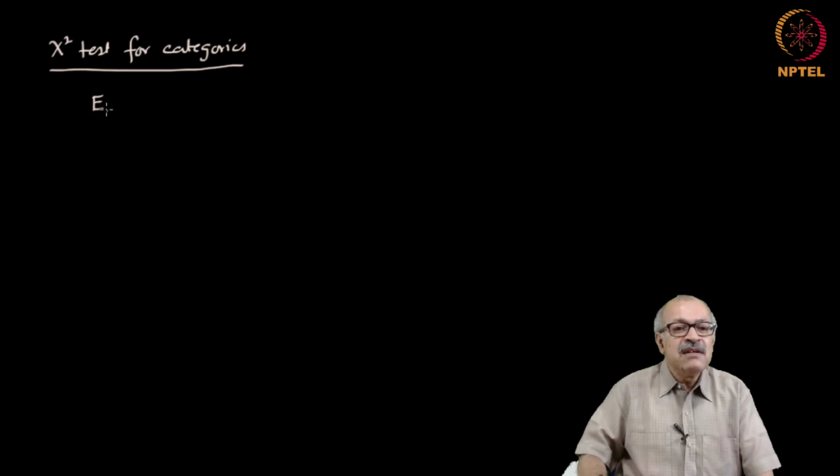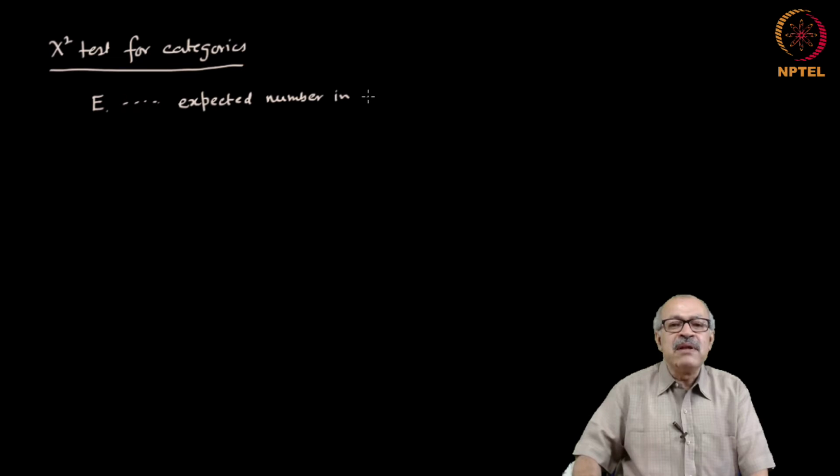E is the expected value number in a bin, and O is the observed number in that bin.